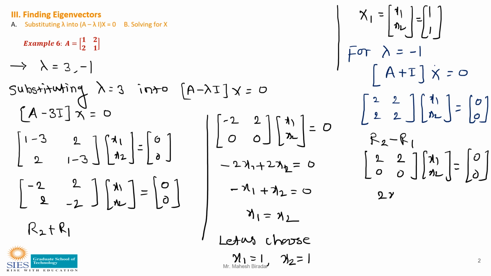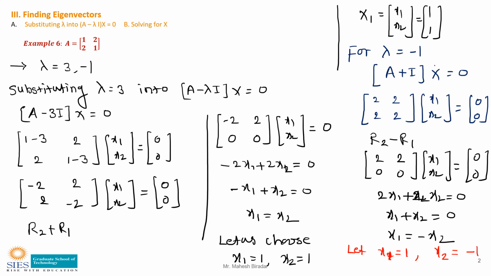If you transfer in terms of equation, that is x1 plus x2 is equal to 0, or you may say x1 is equal to minus x2. Now let us choose x1 as 1. You can take any value, x2 as minus 1.